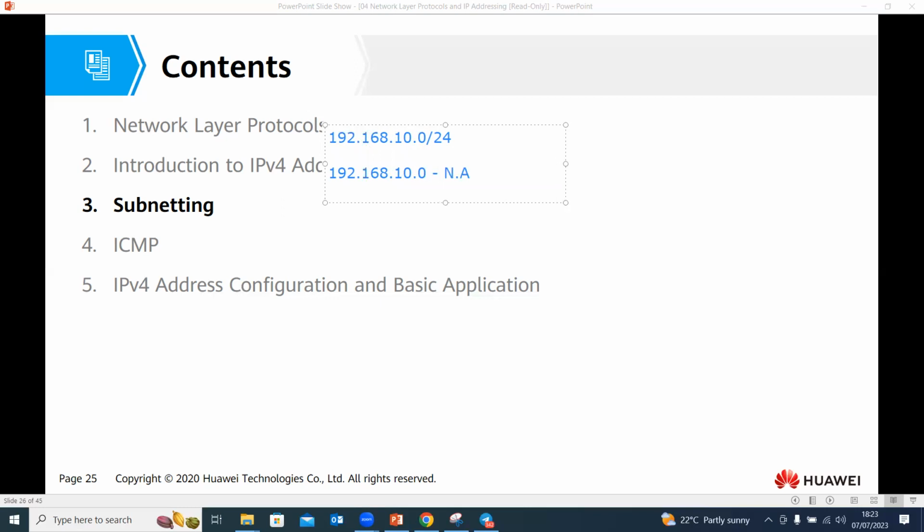Remember, we told you that for the network address, all the host bits will be zeros. And this is a class C, the first one, the network address.